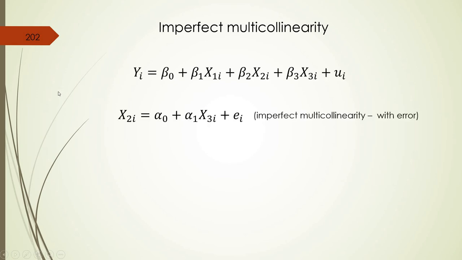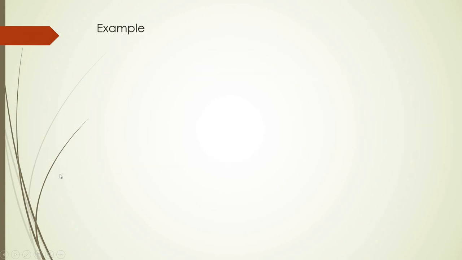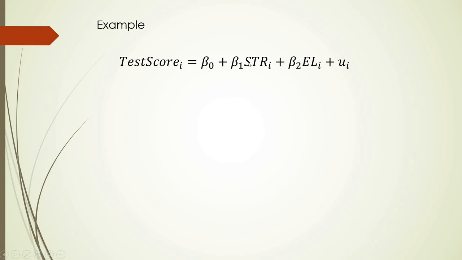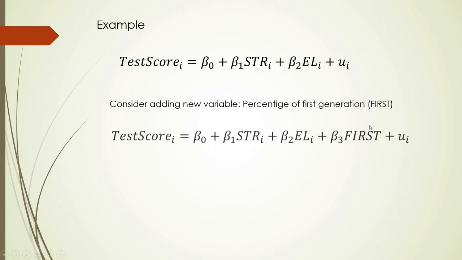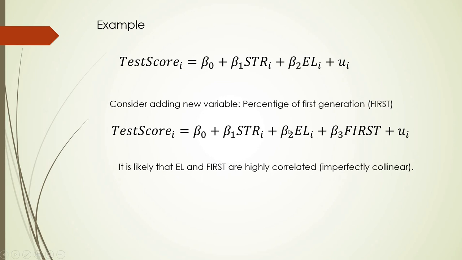When it comes to imperfect multicollinearity, like I said, we have some error in our data, some variation, and then we should keep both variables in the model. For example, in our case, we have student-teacher ratio and English learners. Let's add a new variable, percentage of first generation: the percentage of immigrants that are first generation coming into certain districts in California. Obviously, this variable is related to the percentage of English learners because these are also immigrants.